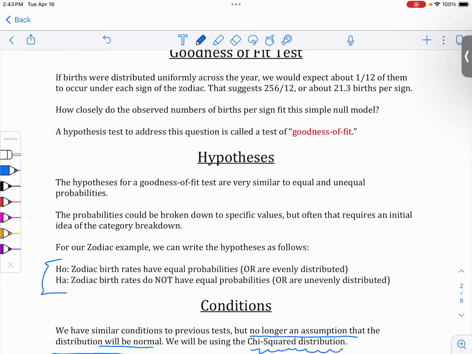If we have 12 zodiac signs, that means each one has a 1 in 12 probability. There are 256 data values because we collected the 256 head CEOs of these companies, which means my expected cell count is 256 divided by 12, aka 21.3.